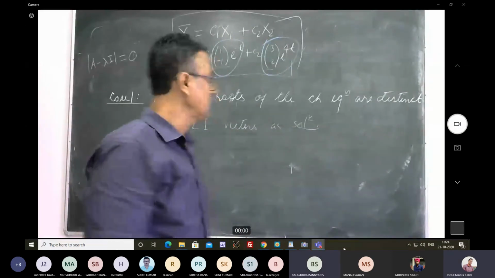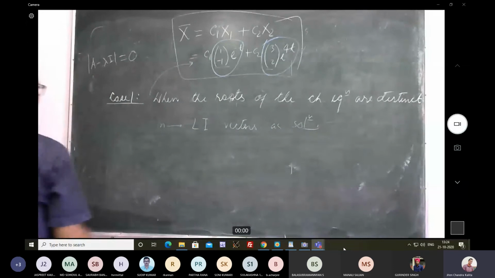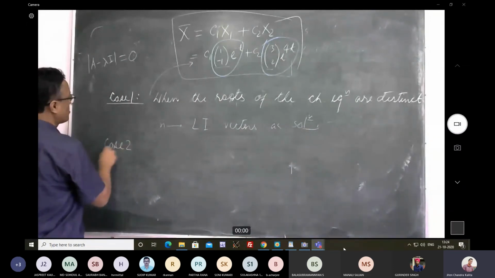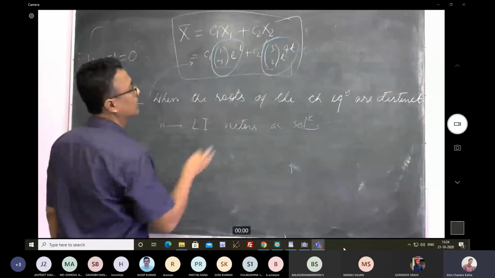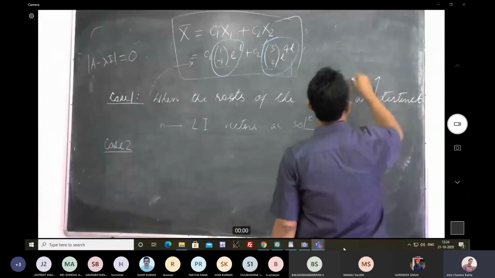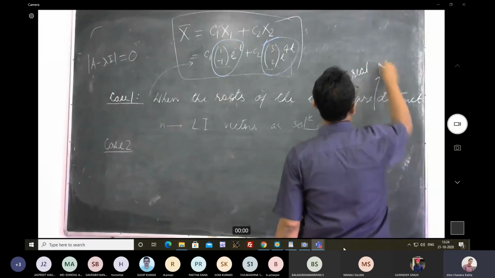Yes, sir. So now let us see when it is not distinct. Case 2. Just a minute. The roots are not only distinct; these are real and distinct.